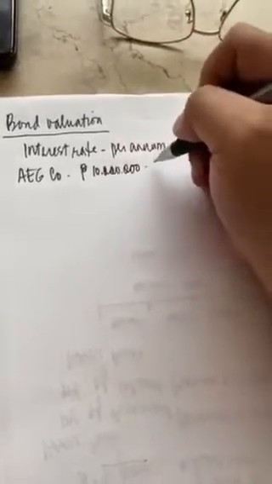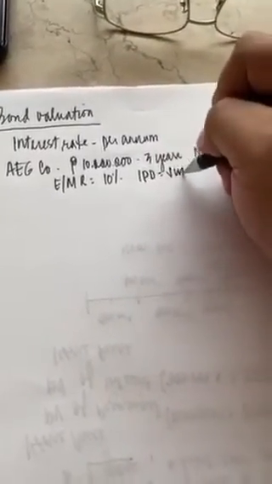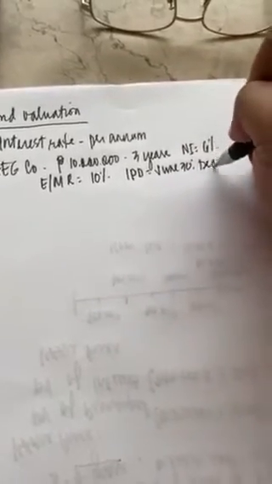Let us assume that AEG company issues a 10 million bond, and say, for example, this is for 3 years and pays a nominal interest of, say, 6%, okay, and the effective or the market rate is 10%, and interest payment dates would be every June 30 and December 31.